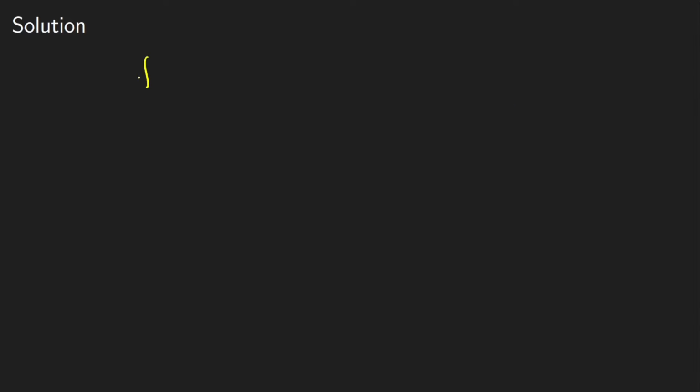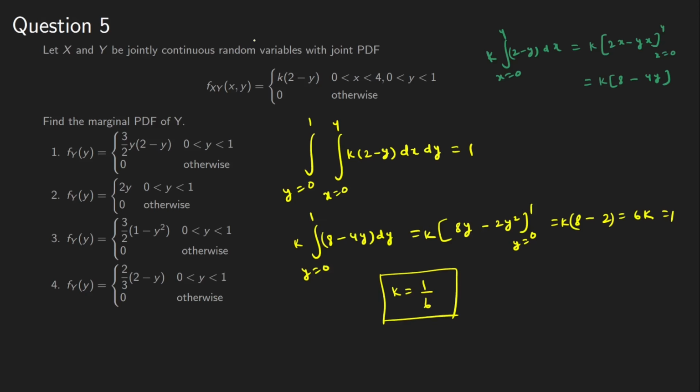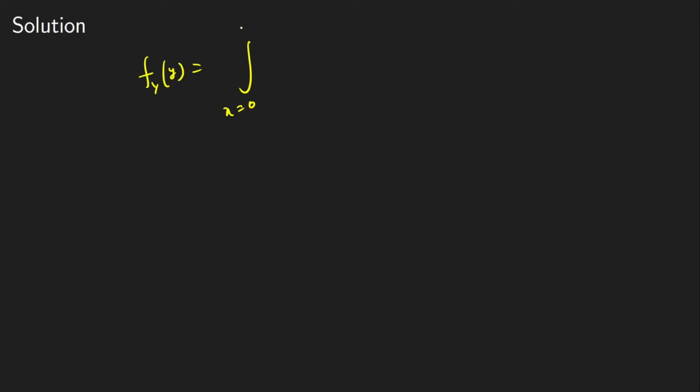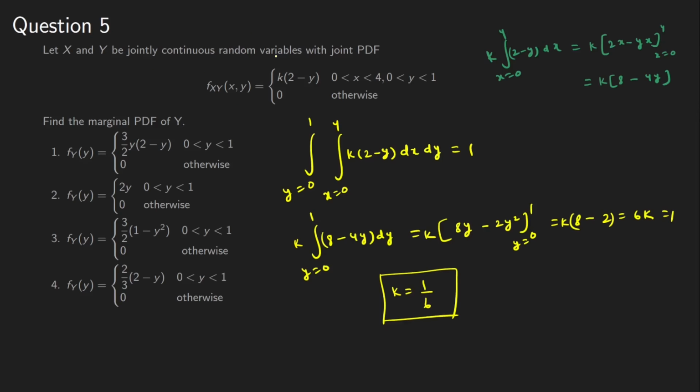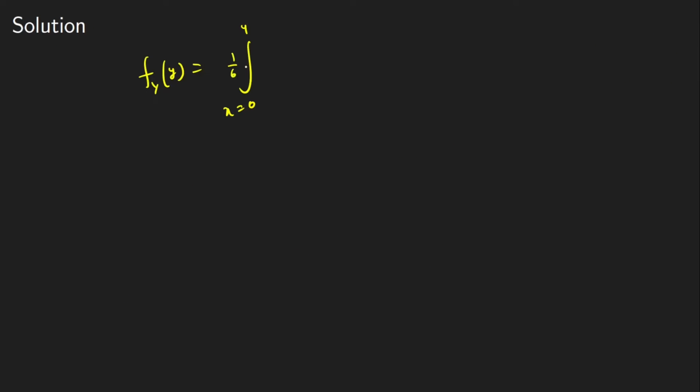So we have to calculate the marginal PDF of y, which we will be able to find by integrating over the full range of x. x goes from 0 to 4. We will integrate k, which we can take outside, that is 1 by 6 times 2 minus y dy dx.